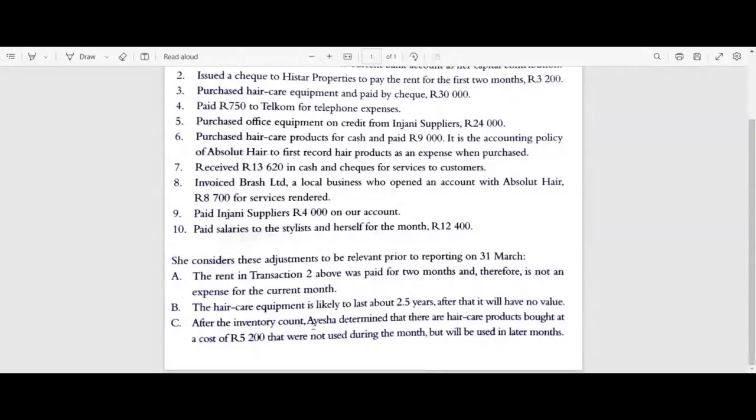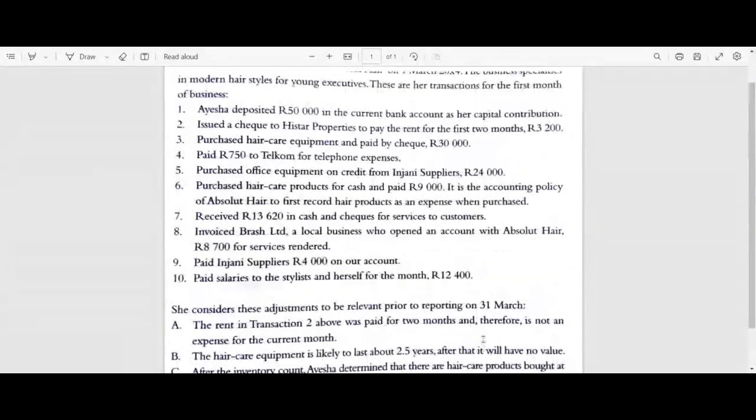So after the inventory count, they've actually counted how many items they haven't used of the hair care products, the unused portion. Ayesha determined that there are hair care products bought at a cost of 5,200 rands that were not used during the month but will be used in later months. Now we'll have to make an adjustment for that as well.